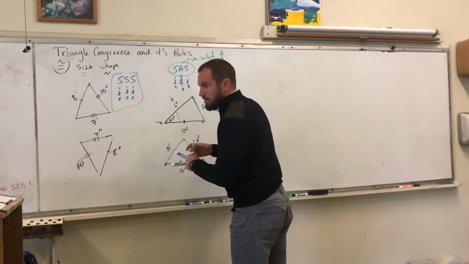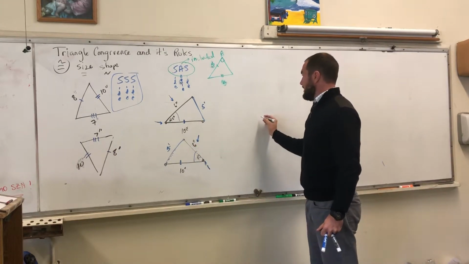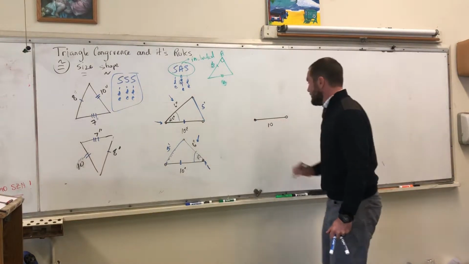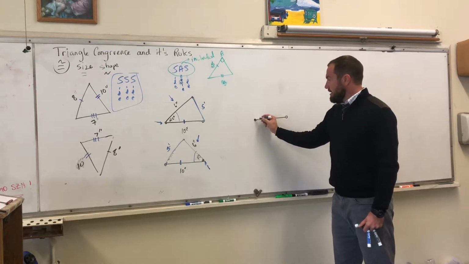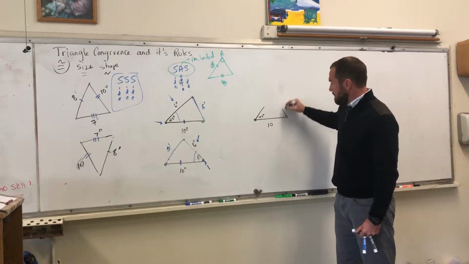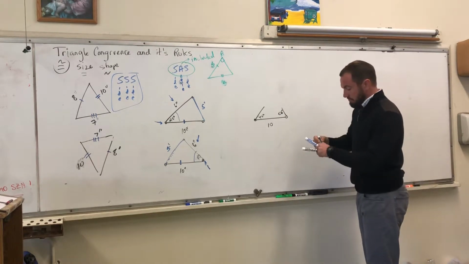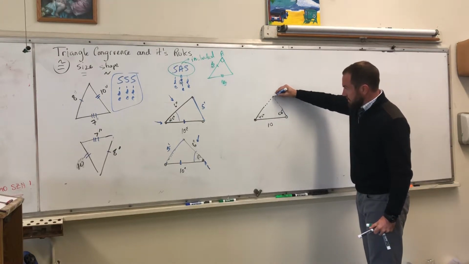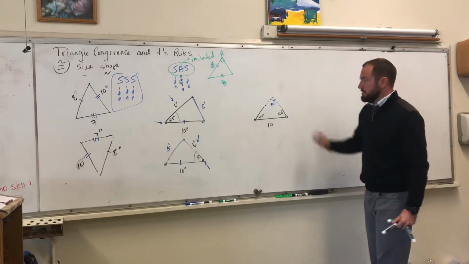Another example you guys could work with, okay, is let's say I take a certain side length. Again, let's just use 10. And off of this 10, I draw a 40-degree angle and maybe a 50-degree angle. Okay? And then let's say I continue until these two intersect, and I end up with a triangle. Yeah, it would have to be about 90 degrees.